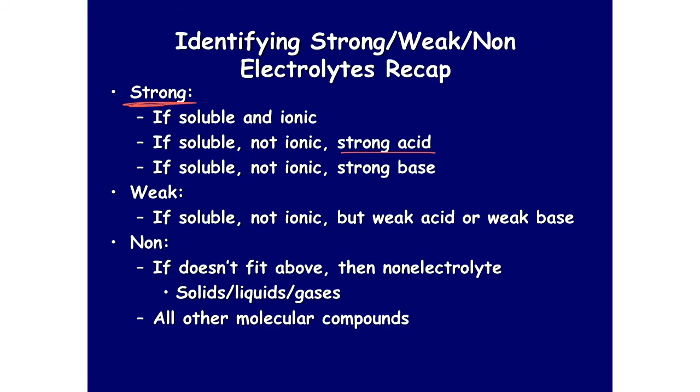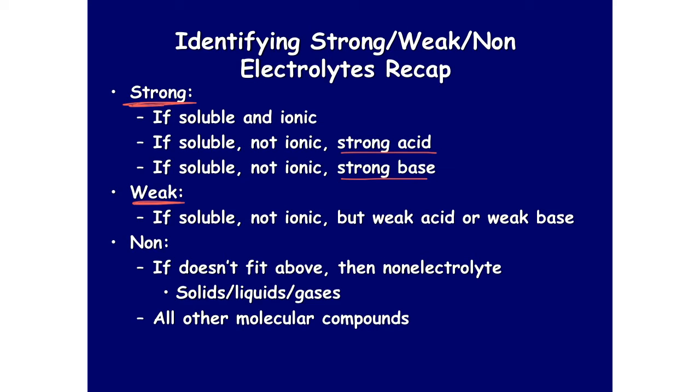If it is one of the 7 strong acids or one of the 8 strong bases, then it's going to be a strong electrolyte. It's going to dissociate completely and conduct electricity very well, exist all as ions. If we have a weak electrolyte, there will be some ions present.